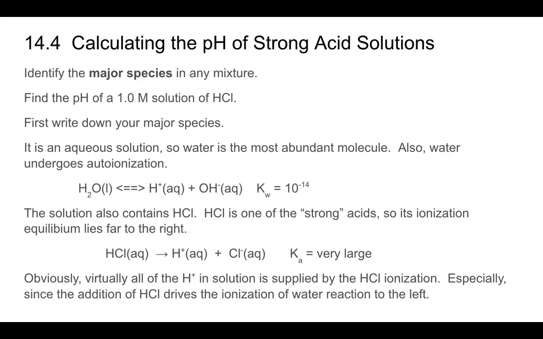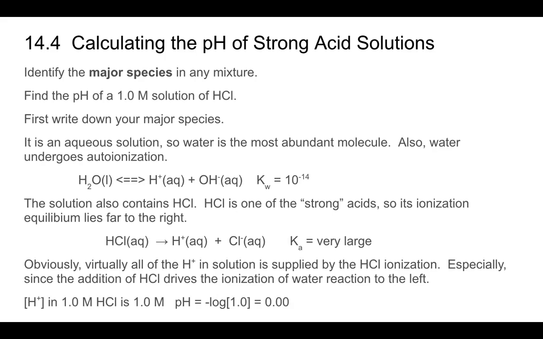So now the question is, how much H+ do we have? Well, HCl is 1 molar, 1 mole for every liter. Each HCl molecule forms 1 H+, so that's a 1-to-1 mole ratio between the HCl and the H+. So we can assume here that the H+ in 1 molar HCl is 1.0 molar.